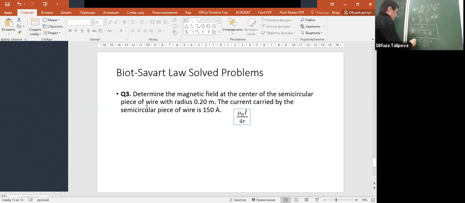So these two 4s are cancelled and we have only pi multiplied by 100 divided by 150 divided by 0.2. So pi is equal to 3.14 multiplied by 150 divided by 0.2.